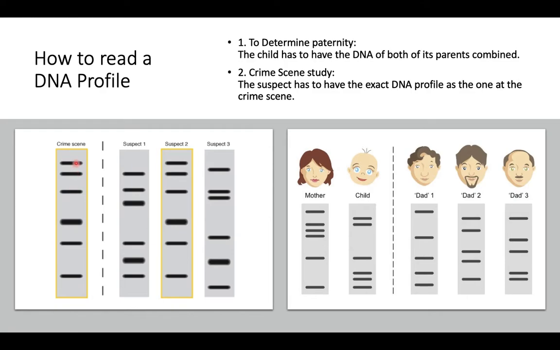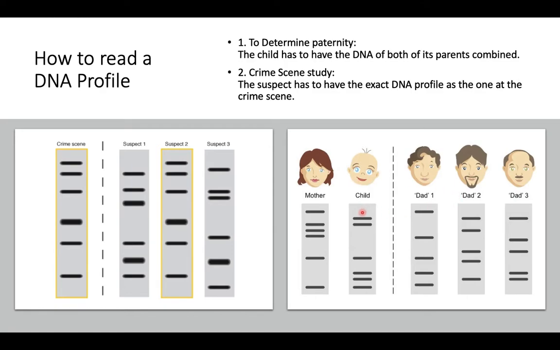And we see that if this is, let's say, the DNA found in blood in a crime scene, or the DNA found in hair in a crime scene, then you can match this DNA to different suspects. And notice here that suspect number 2 is a perfect match. That means that this region of DNA matches exactly to this region, and this region, and this region, and this region, and so on.